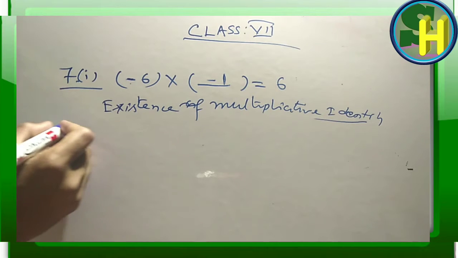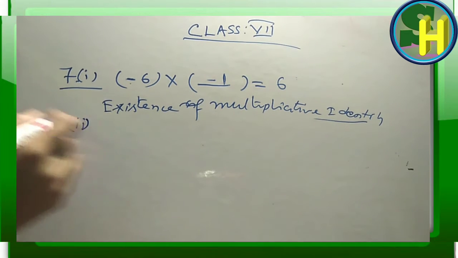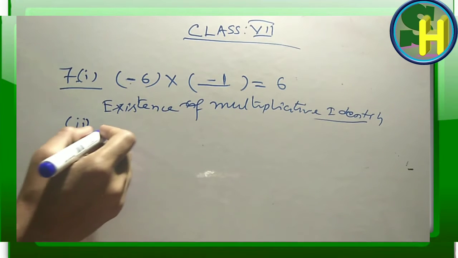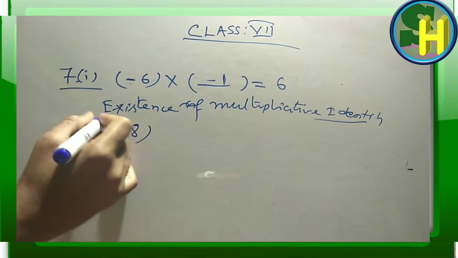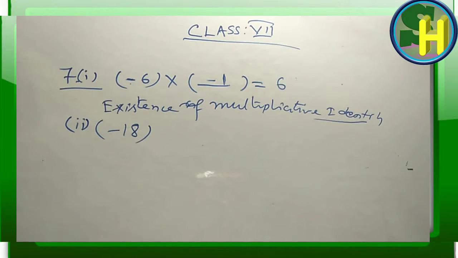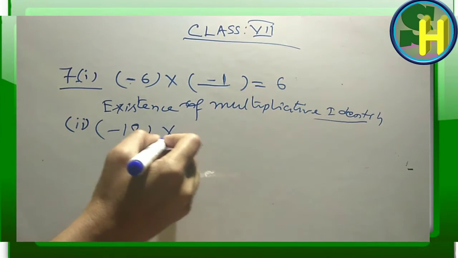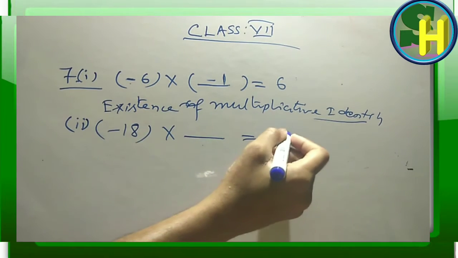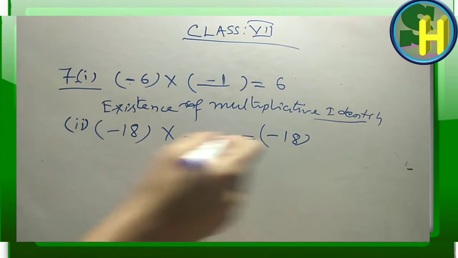Next is question 2. -18 is multiplied by some number and we get the same number, -18.